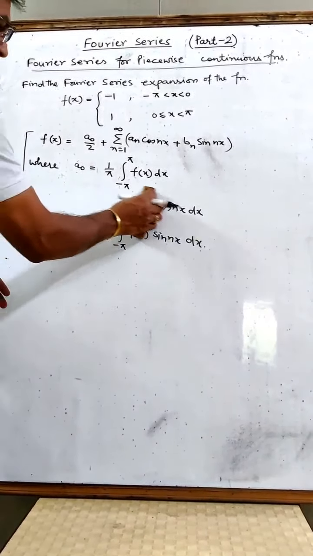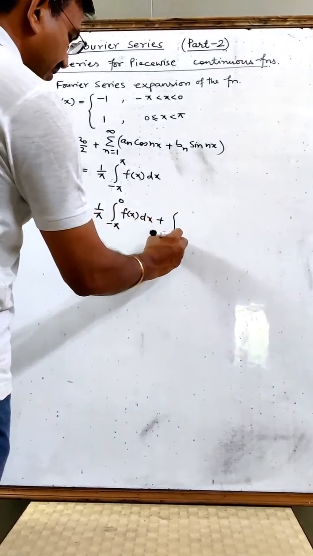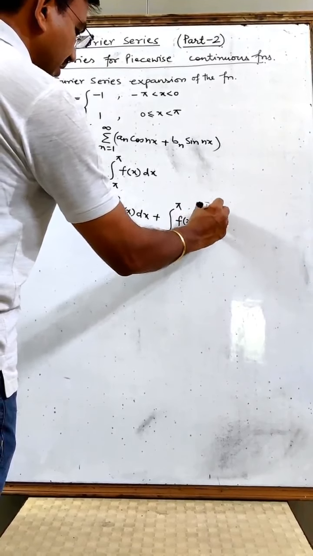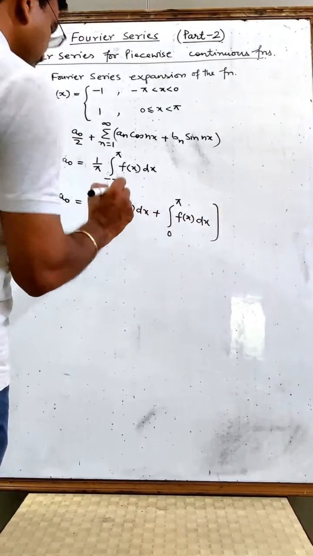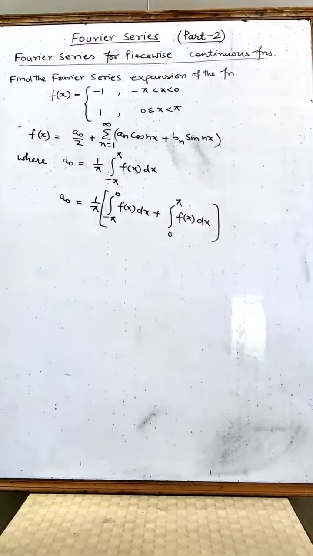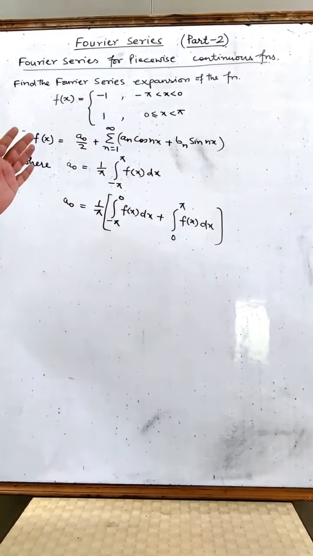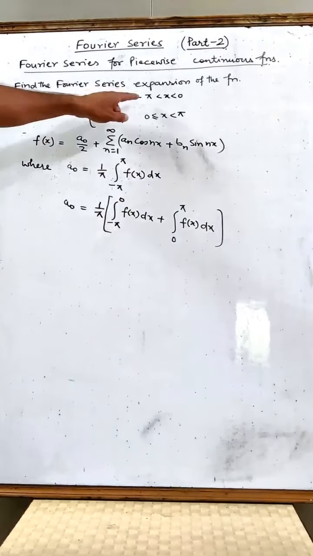Now here a naught would be equal to 1 by pi, integral minus pi to 0 f of x dx plus integral 0 to pi f(x) dx. What I have done is I have used the property of definite integral. I have divided this limit from minus pi to pi as per the pieces given to us, where the function was continuous.